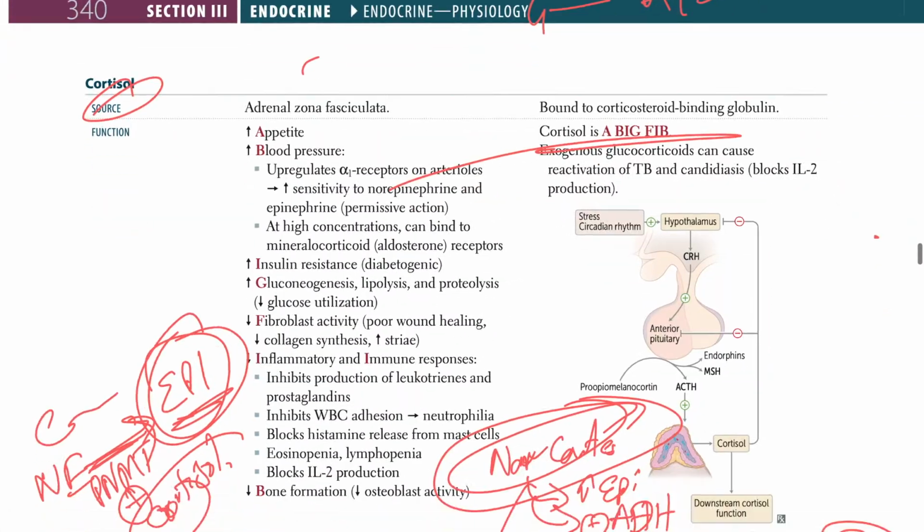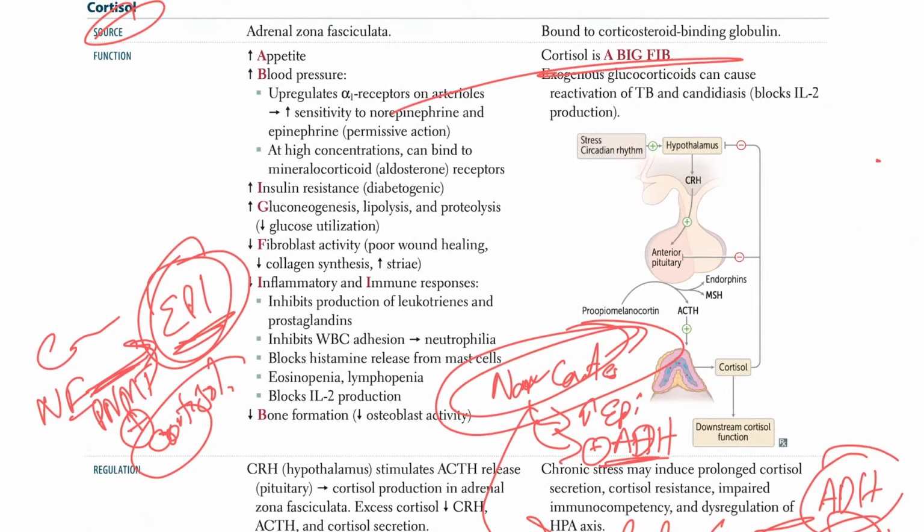One thing we mentioned here was that normal circadian rhythm will stimulate hypothalamus, causing release of cortisol, right?